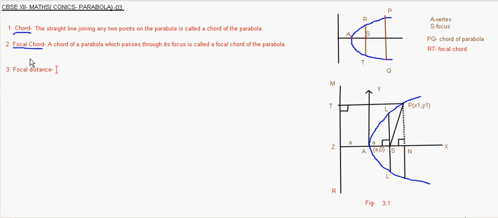Now, what is the focal distance? It is a distance of a point on a parabola from the focus is called its focal distance. Okay, so it is a distance of a point on a parabola from the focus is called its focal distance.